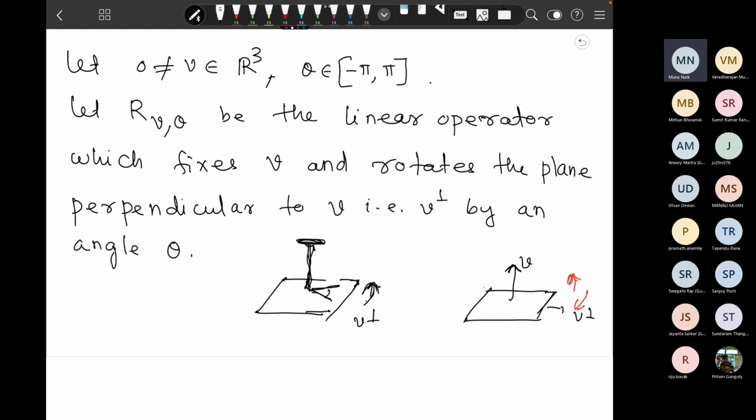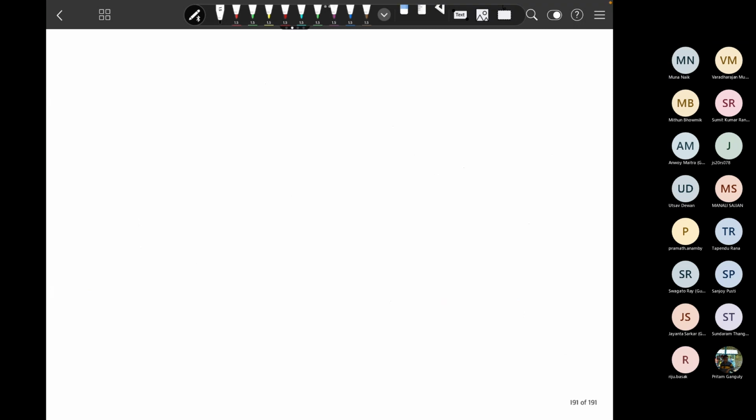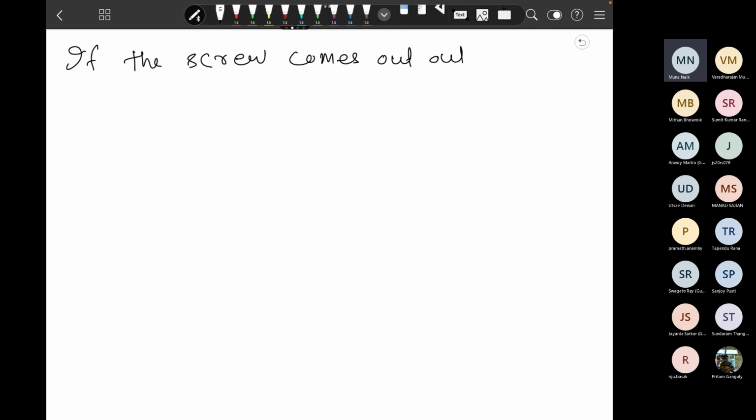If the screw goes into the plane, that direction is negative. So let me write that. Screw comes out of the plane: direction of theta is positive.